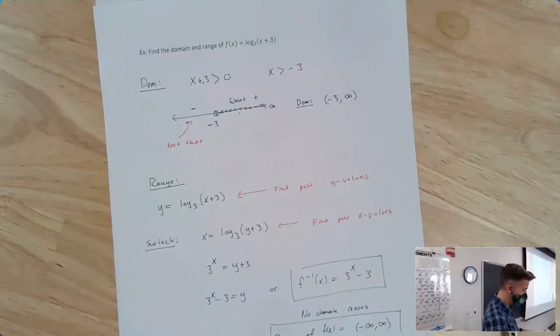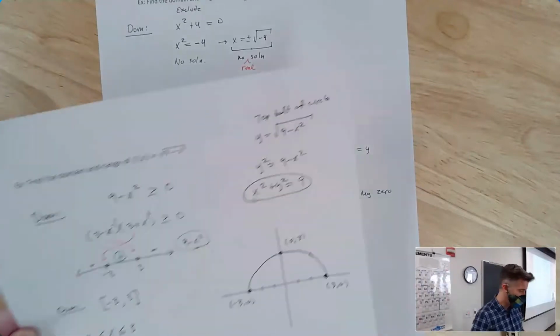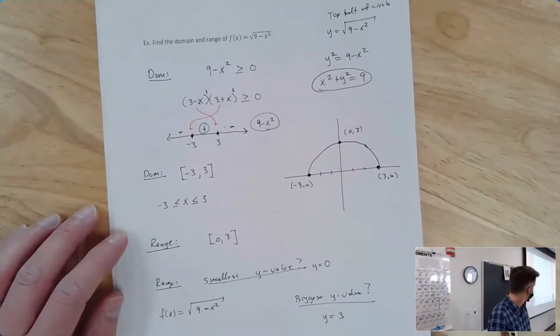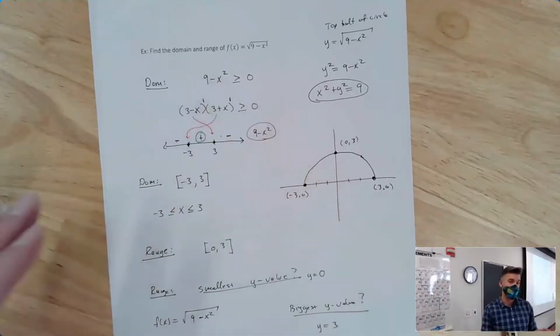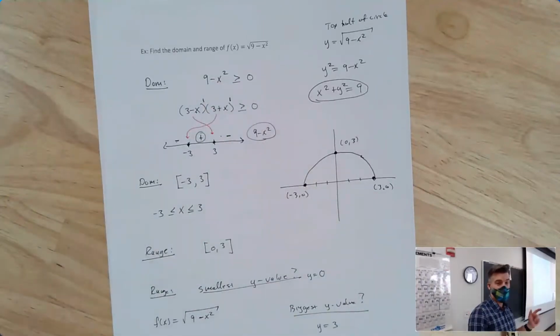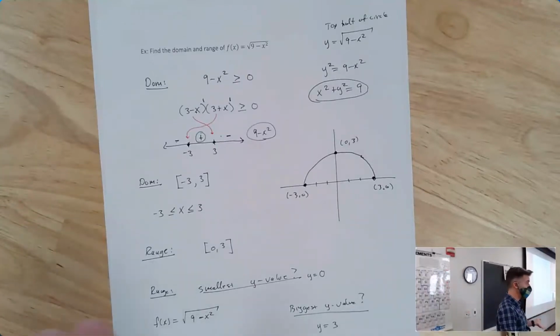The same idea is true here. For the square root of 9 minus x squared, we set 9 minus x squared to be greater than or equal to 0 because we can't take the square root of a negative number. So that's why we're sometimes setting it to be greater than 0 or greater than or equal to 0, and sometimes just saying we want to exclude where it's equal to 0 because we don't want to divide by 0.